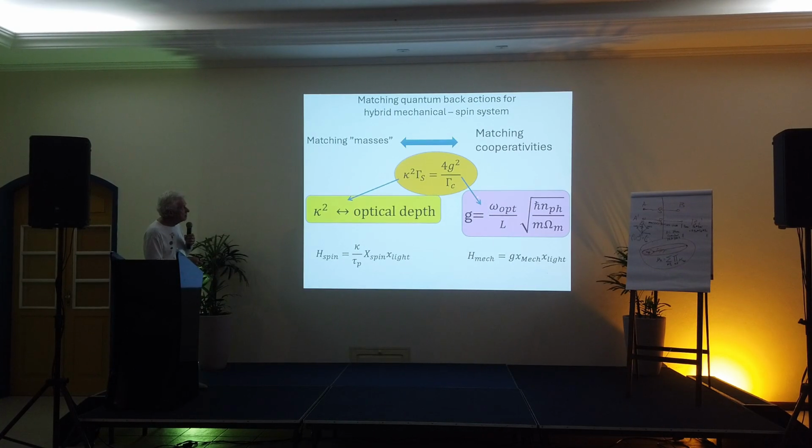The mechanical cooperativity, or this G coupling constant, I told you already about it, so we just need to regulate the number of photons in the driving field and tune it in such a way that those two are equal.